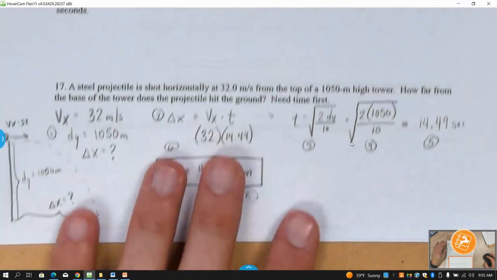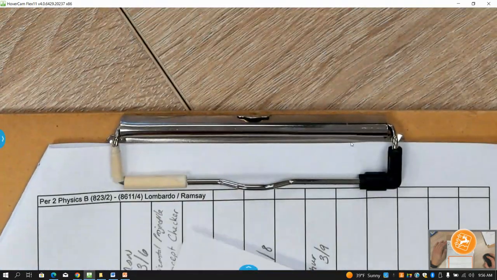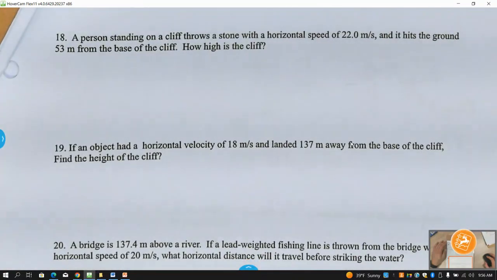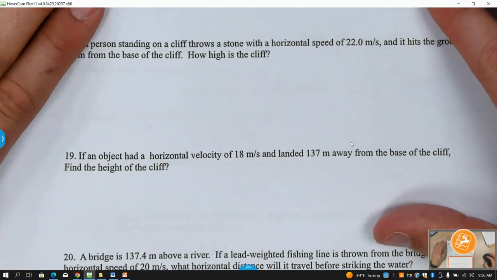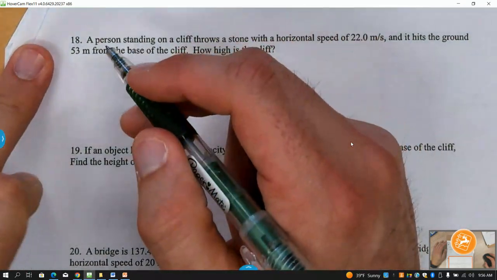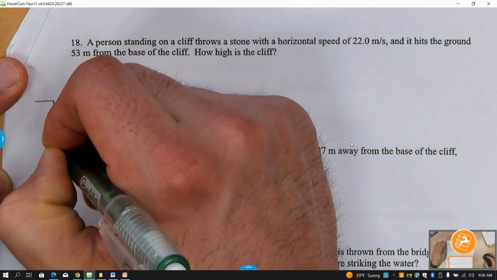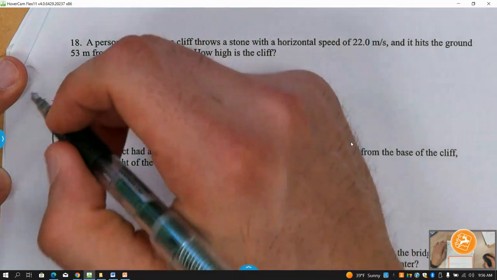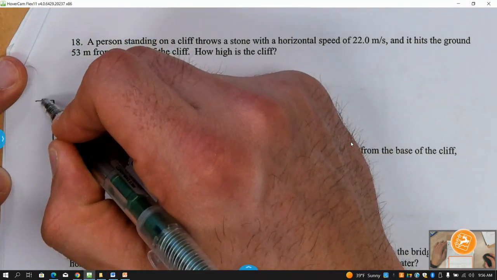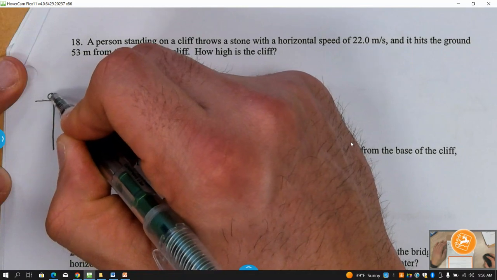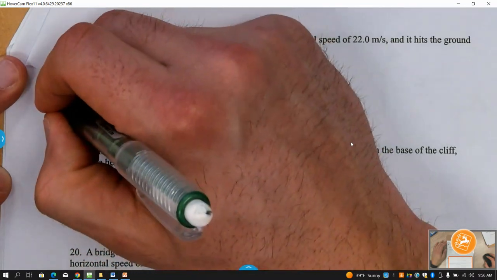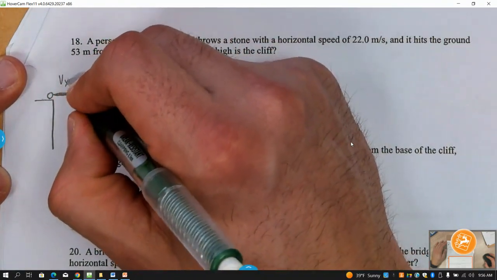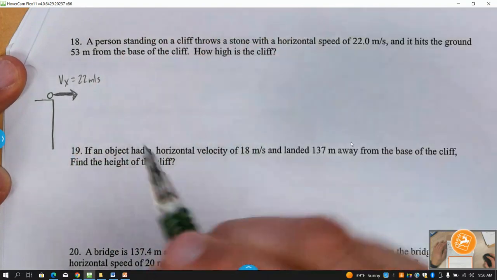All right. So let's take a look. We said 18. Okay. So we got a person standing on a cliff, and they throw a stone with a horizontal speed. So we got a rock getting tossed with a Vx horizontal speed of 22 meters per second.